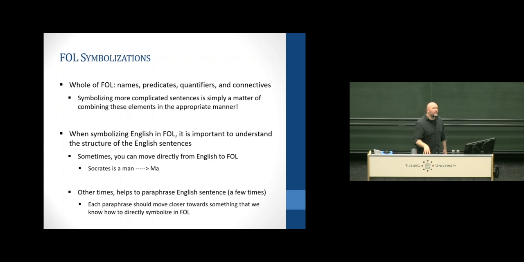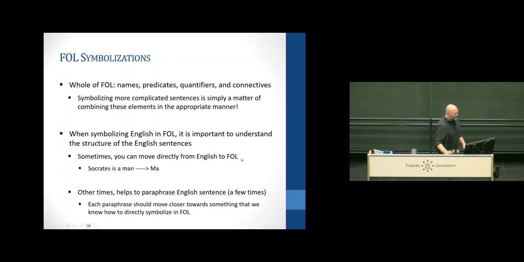And just think about the myriad of English sentences you might use to capture a sentence of Dutch. And all of the lovely little grammatical variations we could have. What this means, though, is that when we're symbolizing natural language into FOL, it's important to understand the underlying structure of the English sentences.